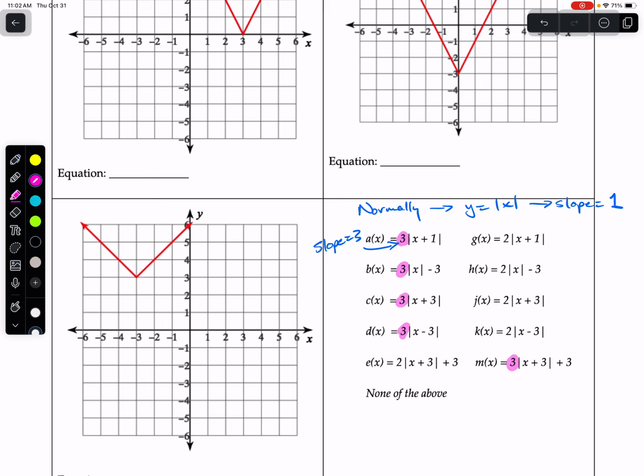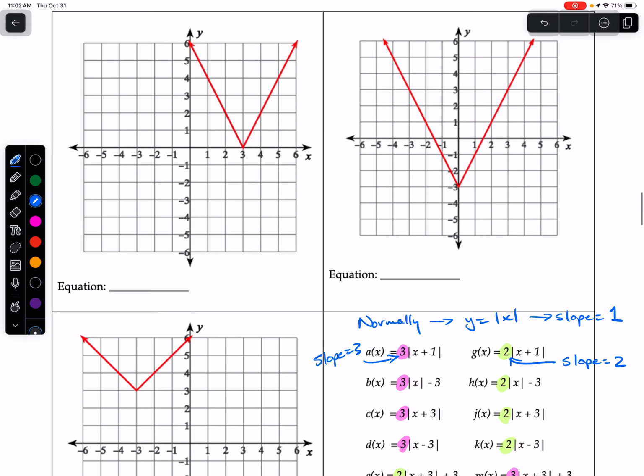And conversely, when I see a 2 out here, these all have a slope of 2. So that helps us cut down all these graphs here.